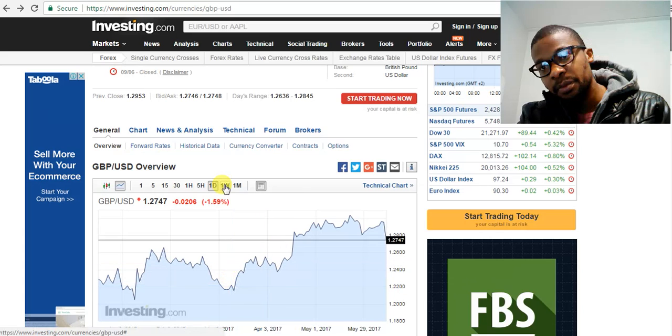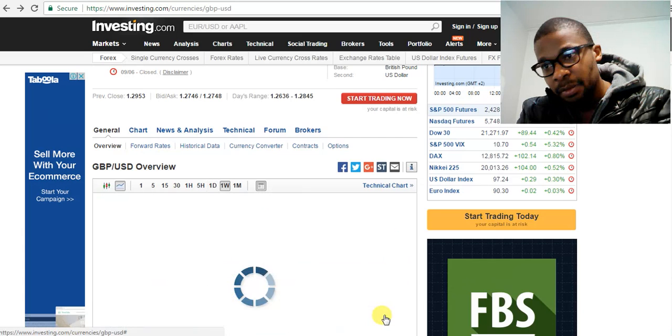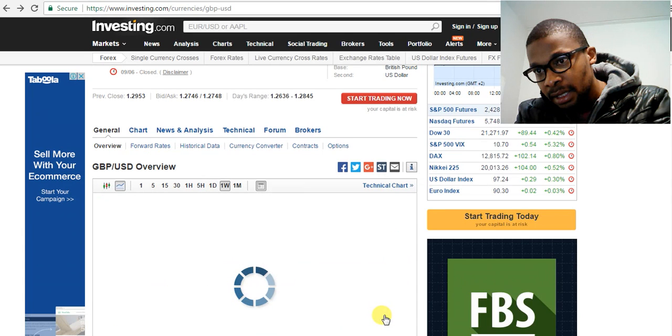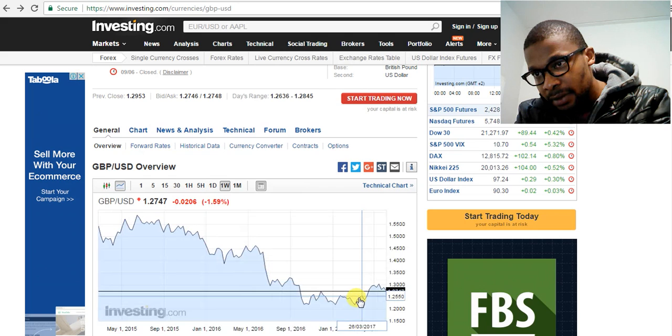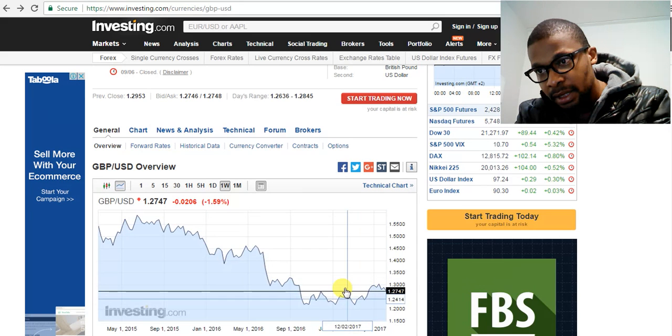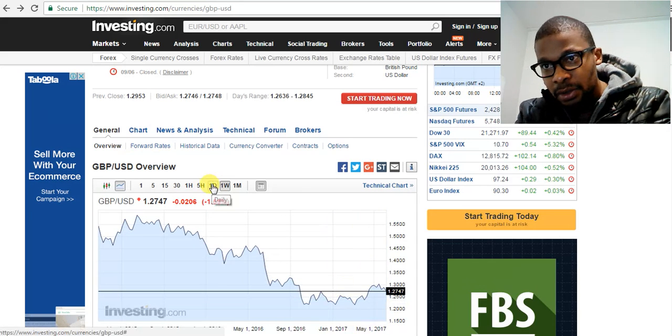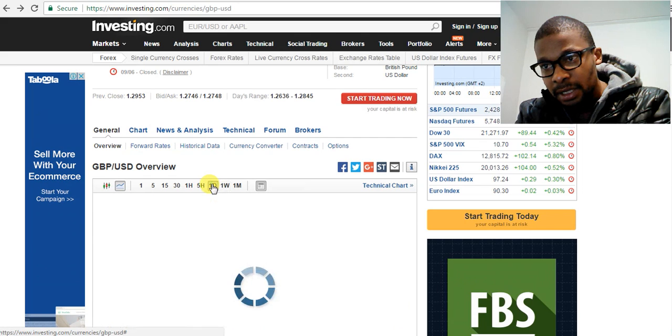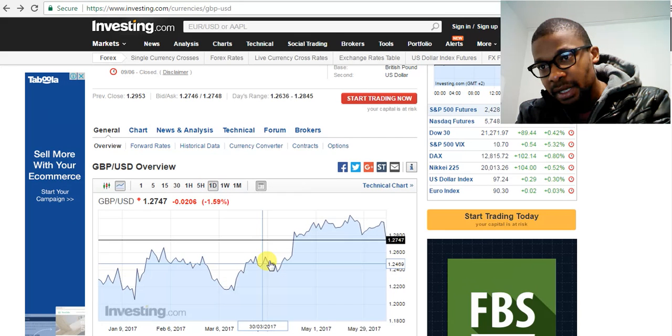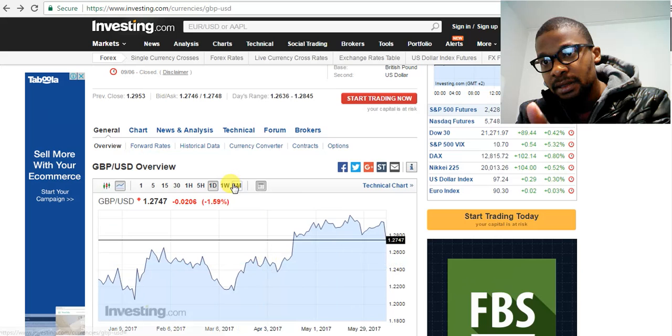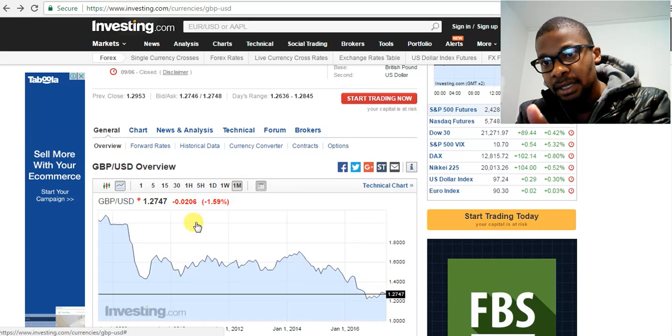If you go back to 1 week, it's probably this area here. So if you go to 1 week, this area here, it only shows here, then it looks like it's been having an uptrend. But in a longer time frame, monthly, it's been going down.